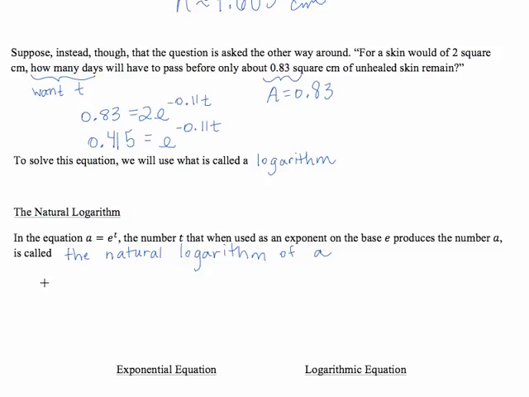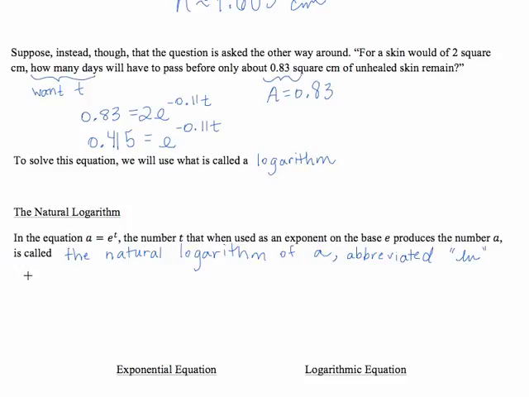So the words natural logarithm are usually abbreviated ln. But you can't actually just have ln, that's cursive ln, by itself. You have to have the natural log of something.